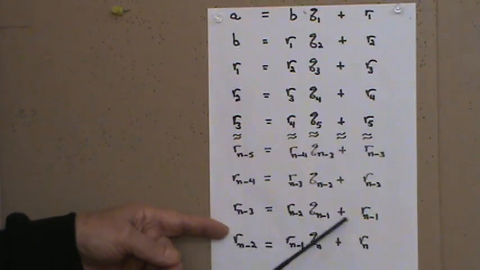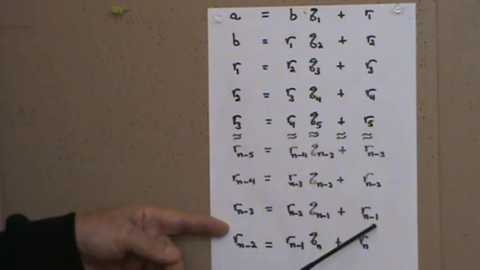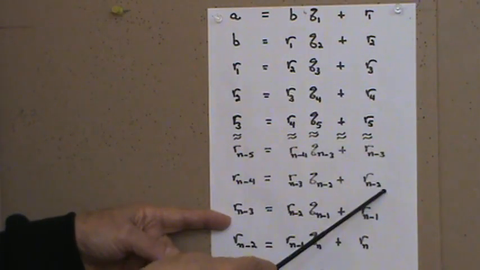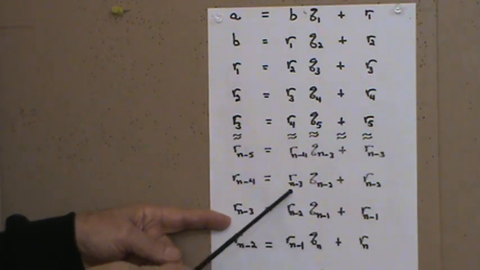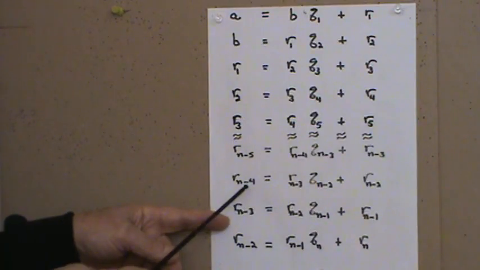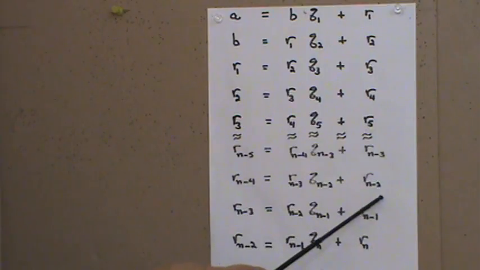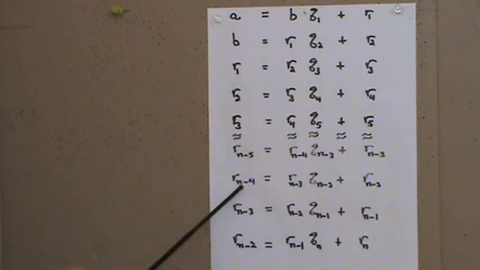Now, in the second step going upward, we have also shown that R_{n-1} divides R_{n-3}. So R_{n-1} divides this one, R_{n-1} divides this one, therefore R_{n-1} divides R_{n-4}. So you know that R_{n-1} now divides that one.